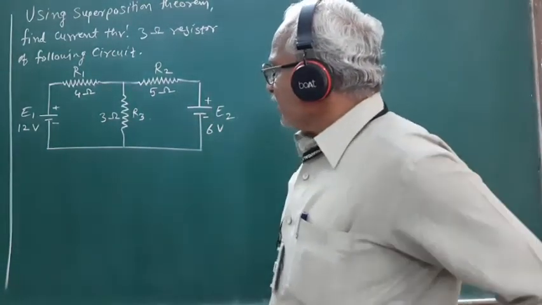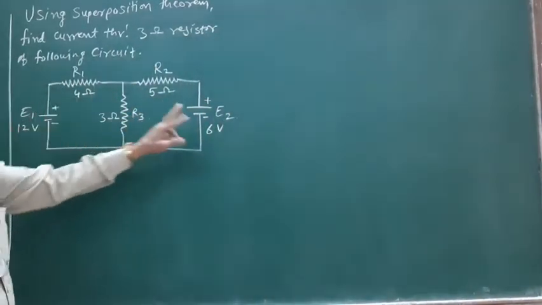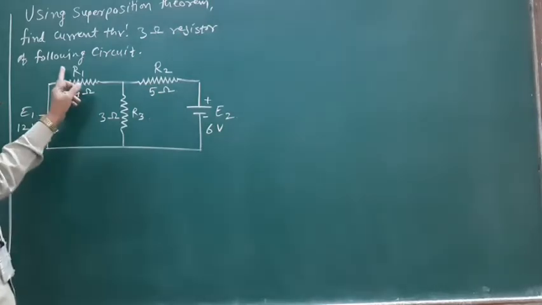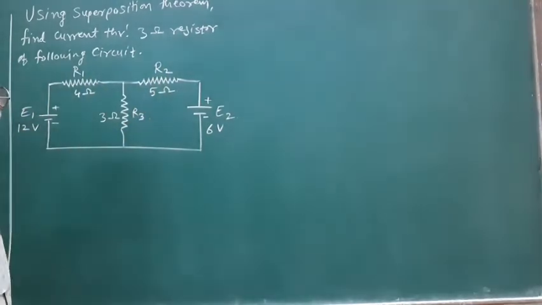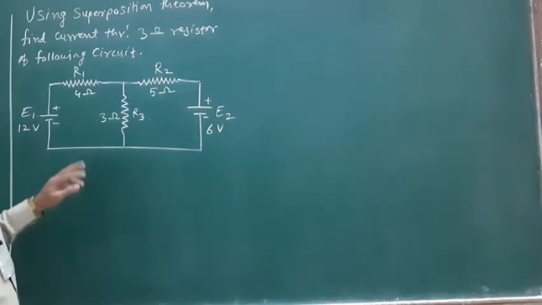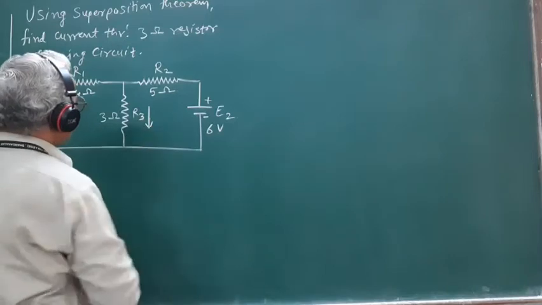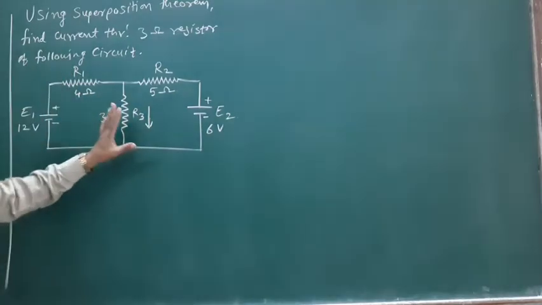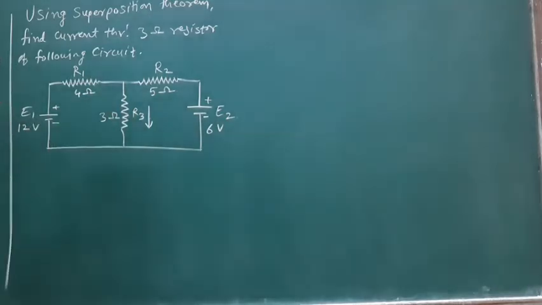In the given network, we have the two sources of EMFs, E1 and E2, and the three resistors R1, R2 and R3 connected. And you are asked to find out the current flowing through the resistor R3 when we have both the sources of EMFs connected in the circuit.